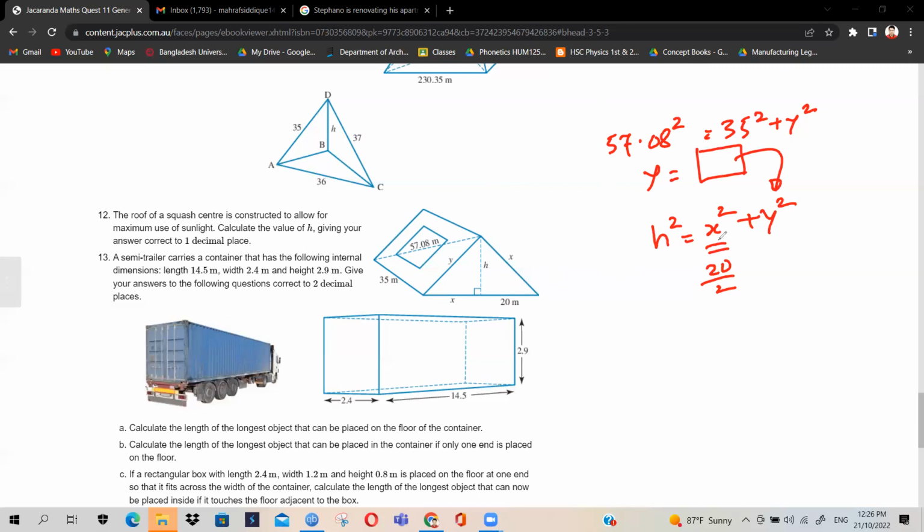So you will get the value of y, but the value of x can be gotten as well. So two equations can be gotten. So h squared will again be x squared plus 20 squared. Y squared is actually a box squared, so it is not an unknown. You will know the value for y.